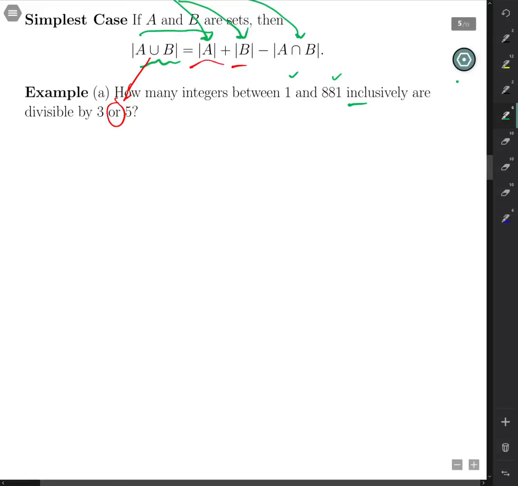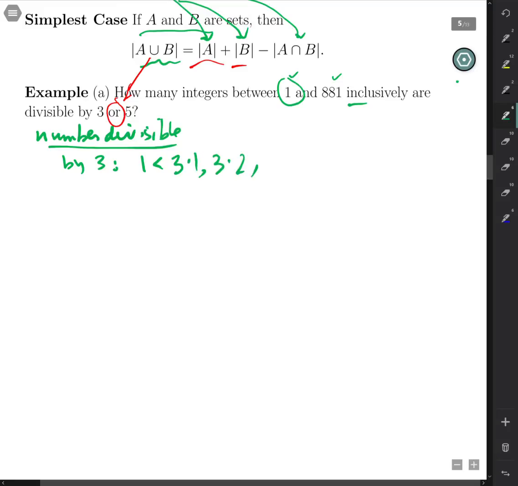So first of all, the number divisible by 3. In order to count that, it's significant we're starting with 1 here. That makes it easier to think about, because the first one is 3 times 1. The next one is 3 times 2, so there's 2 of them so far.